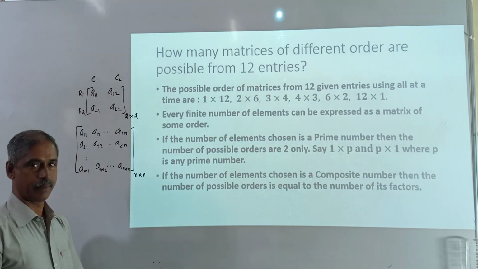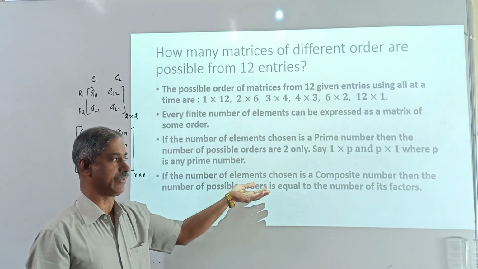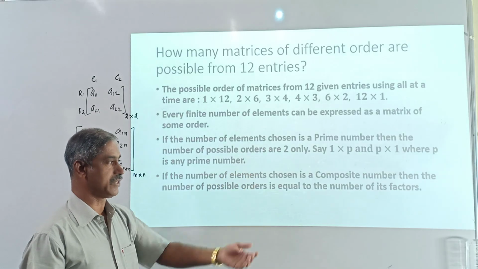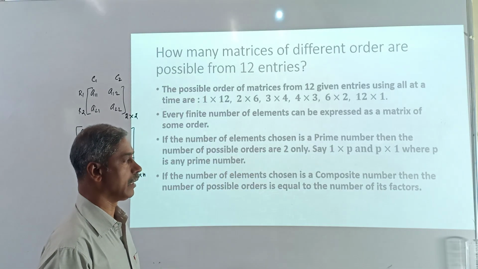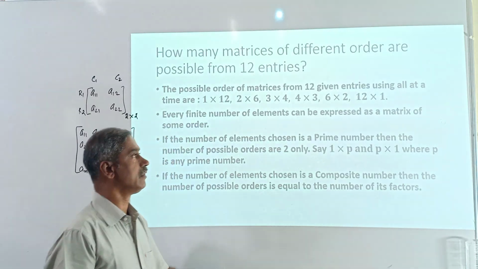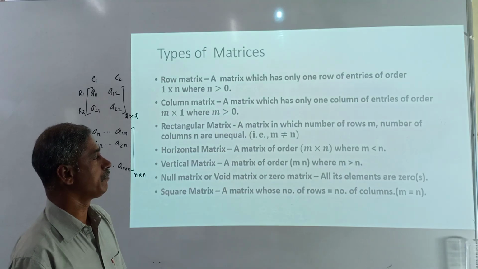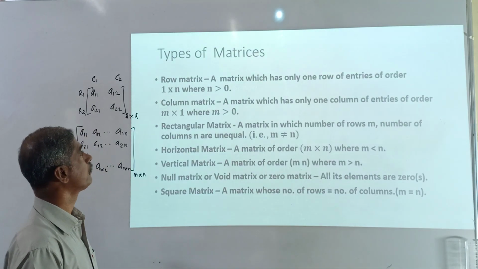Similarly, if the number of elements chosen is a composite number, the number of possible orders will be equal to the number of its factors. Like now we have seen there are 12 elements. Being a composite number, it gives us 6 possible ways of defining them.